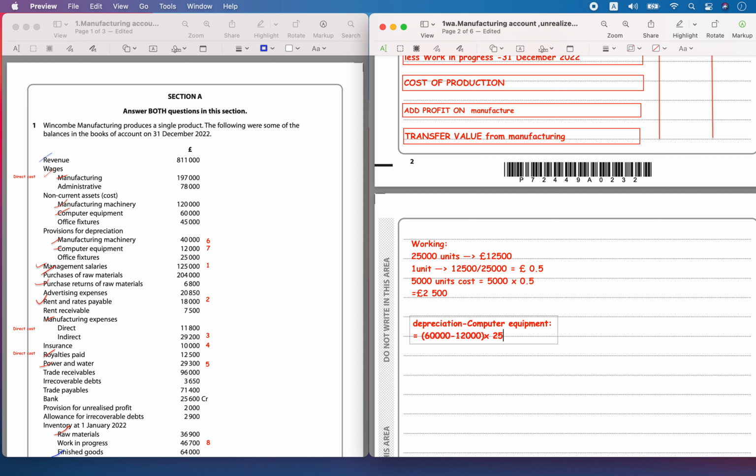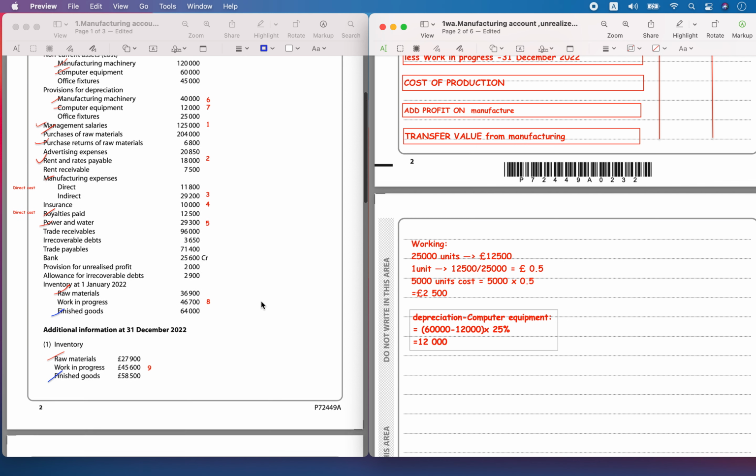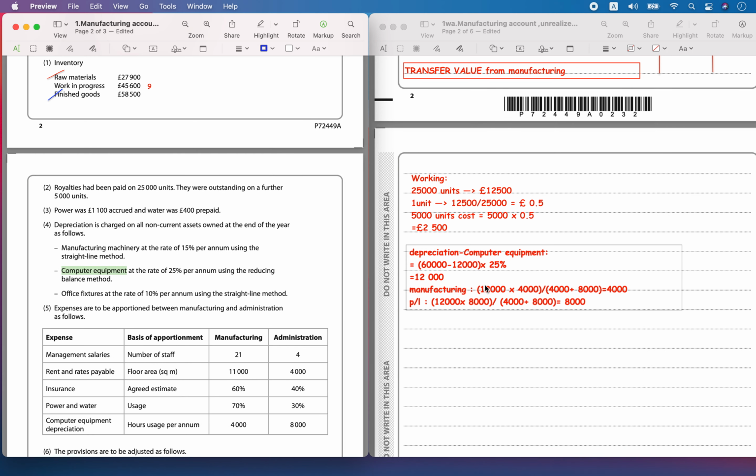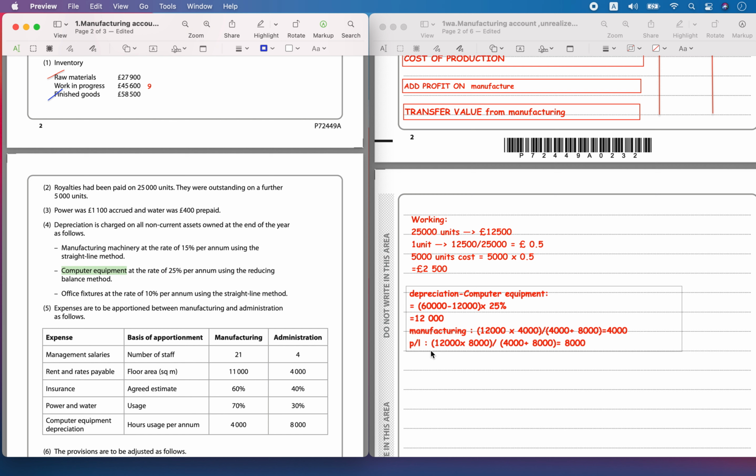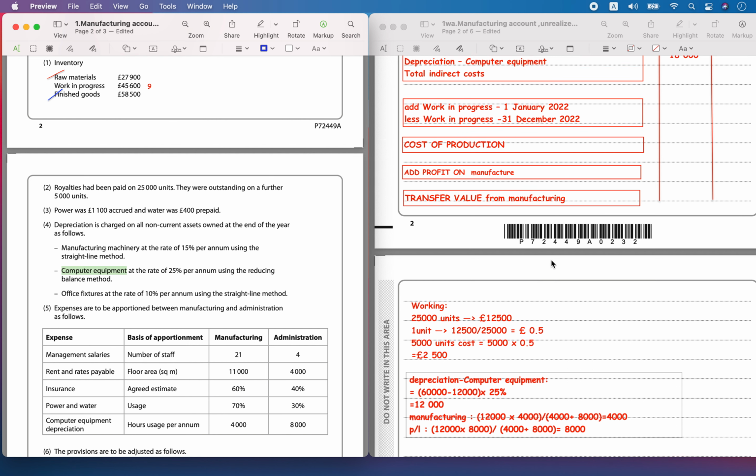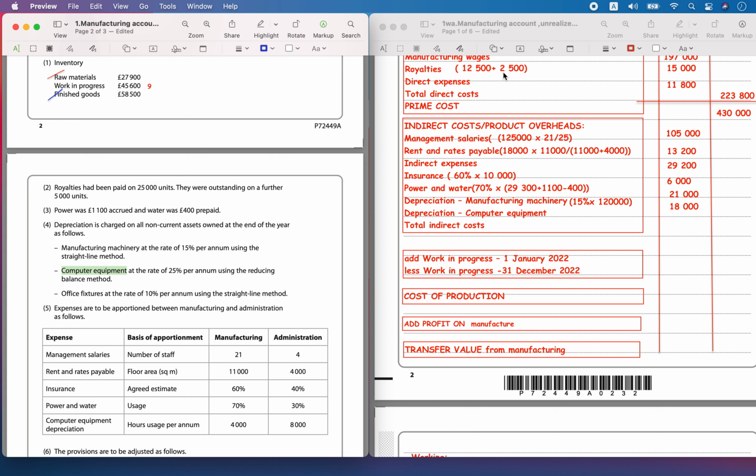So 60,000 minus 12,000 times 25 percentage is 12,000, out of which 4,000 pounds is going to go into the manufacturing and the rest will go into the profit and loss and other comprehensive income. So let's put that value here. It is 4,000.